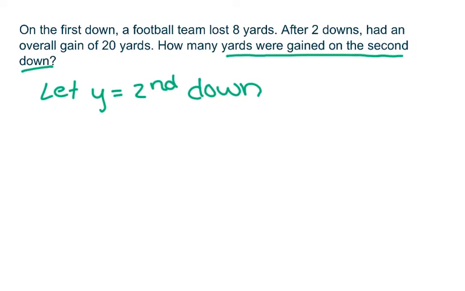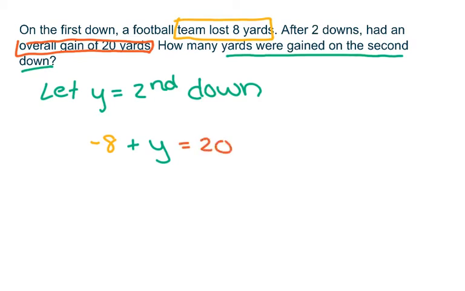Okay, so it says on the first down, a football team lost 8 yards. Loss should tell you that that's a negative. So we have -8. After 2 downs, they had an overall gain of 20 yards. So overall gain means my total. So the way I would set this up is it would be plus Y, which represents the second down, equals 20 yards.